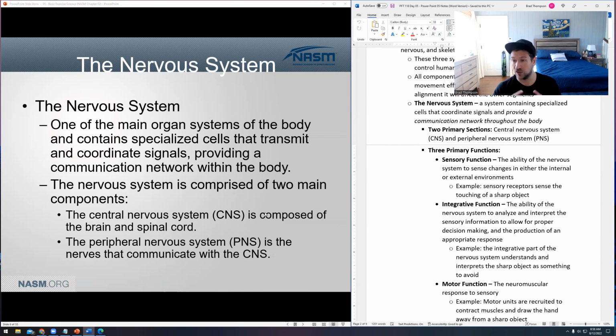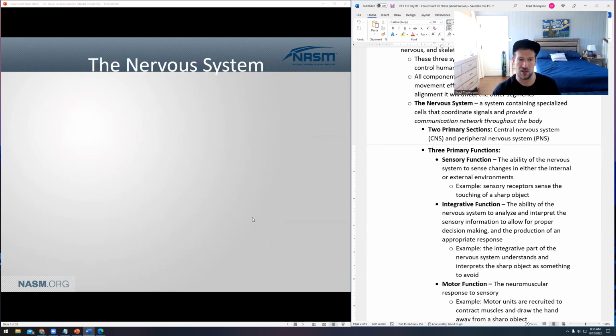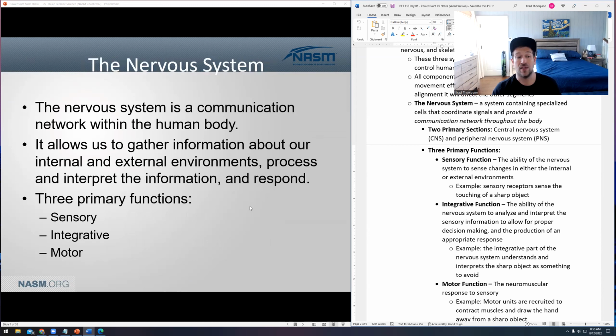So your peripheral system is what's actually going to the arm when your brain decides to do a bicep curl. It travels down the central system, sends it over to the peripheral system, and then the peripheral system will recruit that muscle that we want to use. So there's our communication network that we're talking about here.